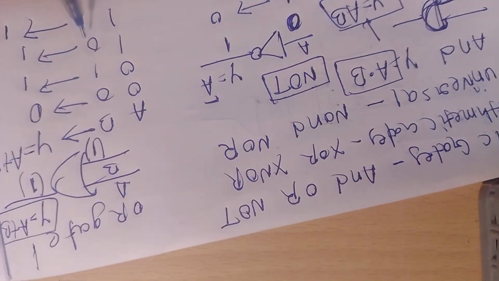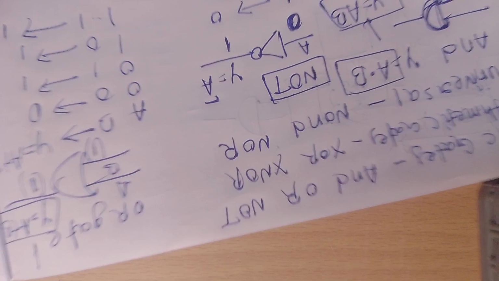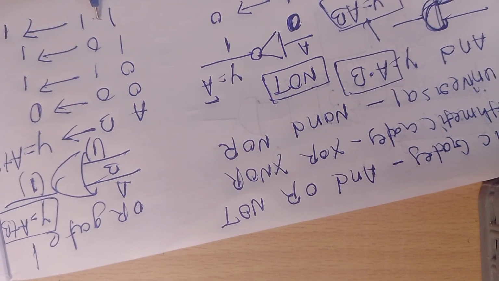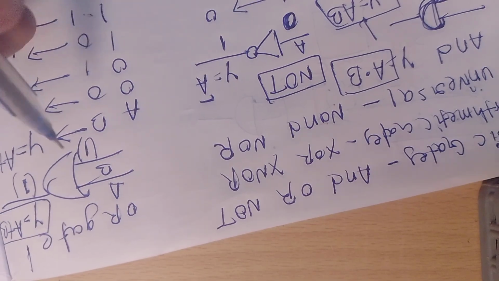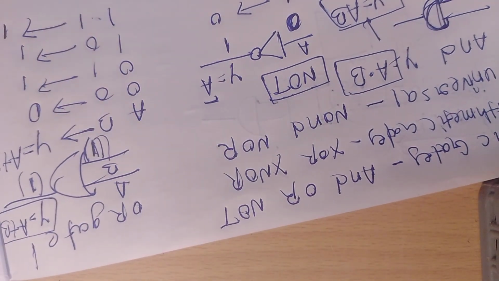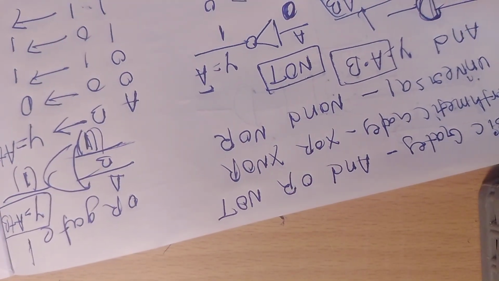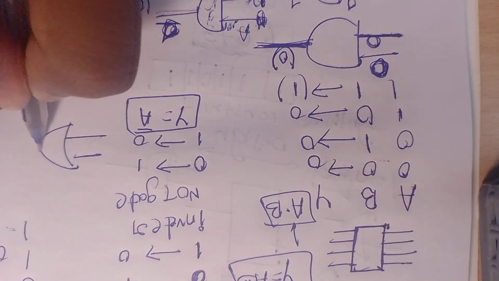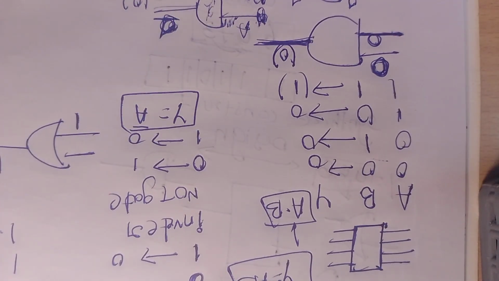You might say 1 plus 1 gives 2, but in digital, 1 plus 1 in an OR gate gives 1, because if at least one of the inputs is 1, the output is 1 by default. To disable this gate, I can provide 1, so the output is always 1.